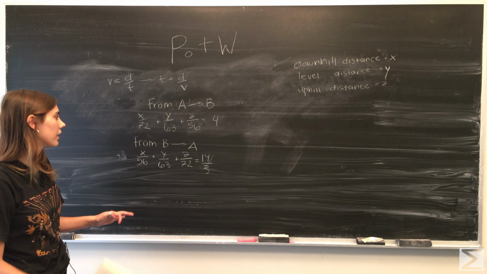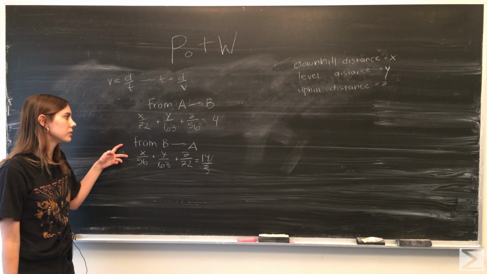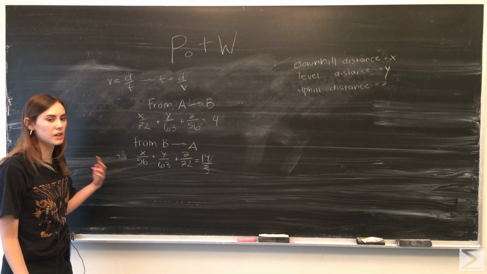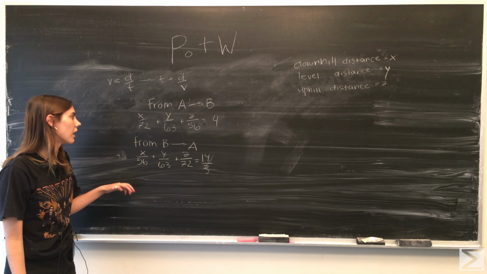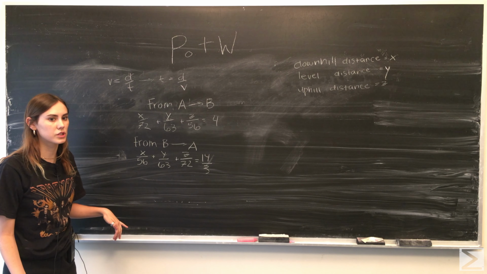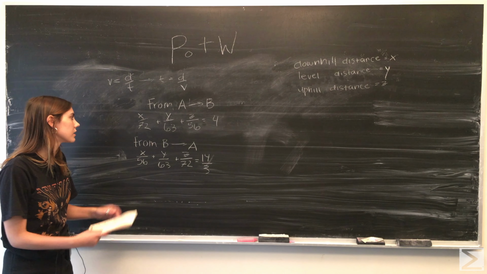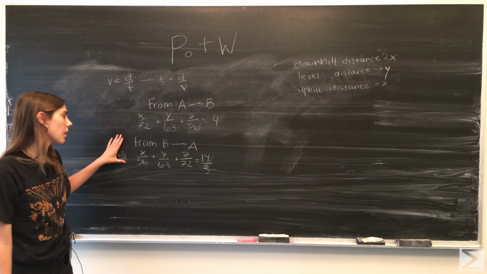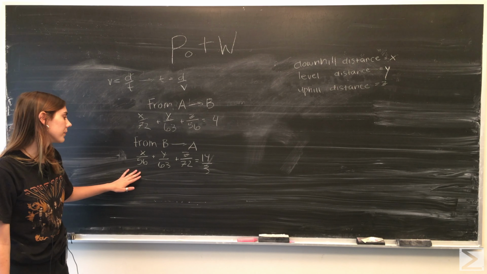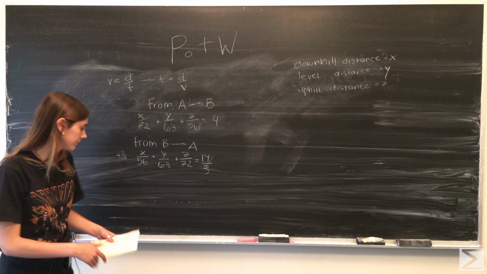So now you're going to notice that we have two equations but three unknowns. So it's kind of impossible to find unique solutions for each x, y, and z. But since the question itself actually only asks for the total distance, what we can do is multiply both equations by the least common multiple of the denominators and then group together x, y, and z and solve.